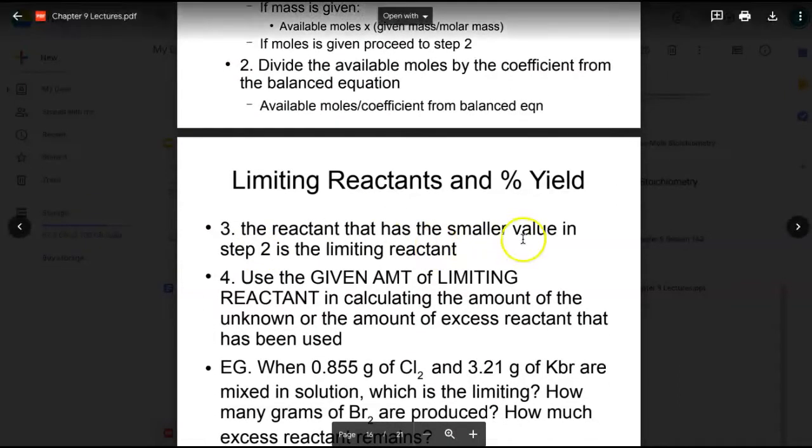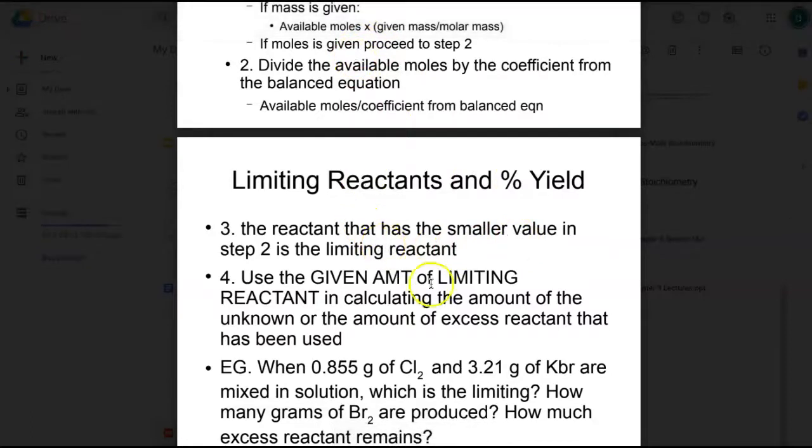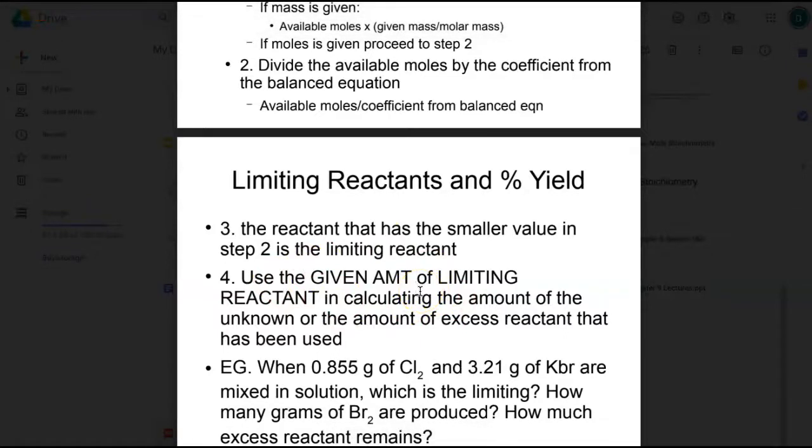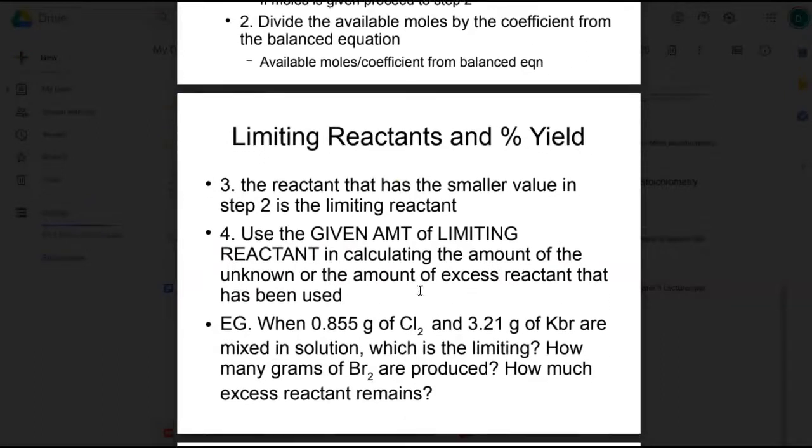So the reactant that has a smaller value from step 2 is your limiting reactant. Then you can use this given amount of the limiting reactant to determine how much of each product will be used and how much excess will remain.